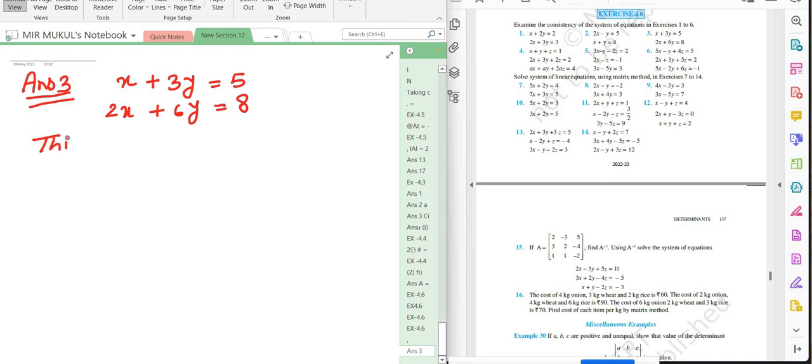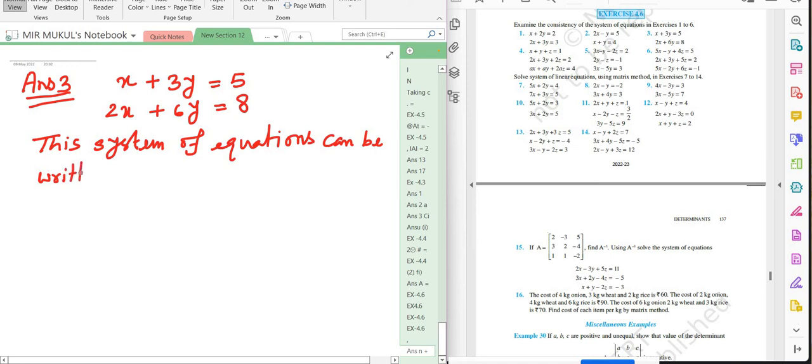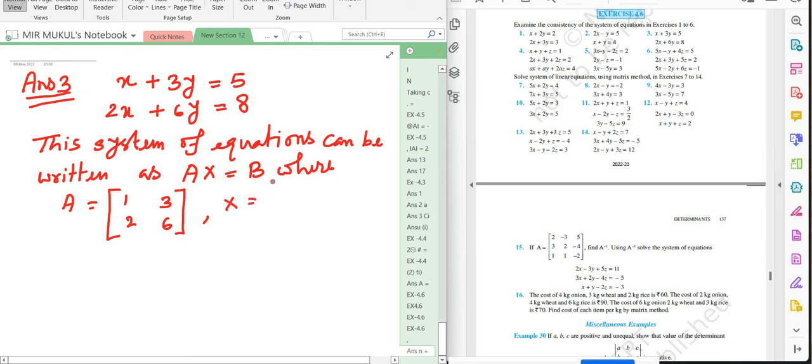Now this system of equations can be written as Ax equals B, where the coefficient matrix A is 1, 3, 2, 6, and x equals x, y, and B equals 5, 8, right?